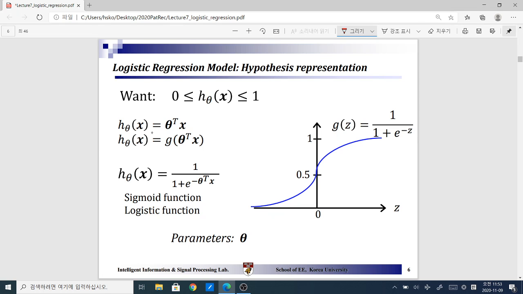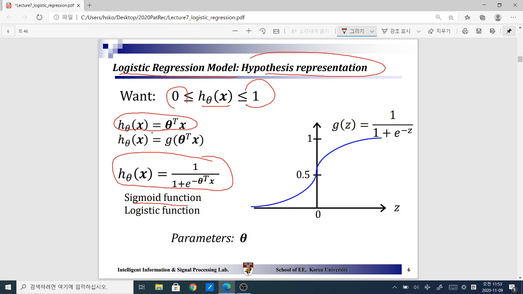So, for example, the logistic regression model is a hypothesis representation by using a sigmoidal function that looks like this. For example, once again, if you want the hypothesis function to be bounded between 0 to 1, within the hypothesis function itself, before, for the linear regression function, it was just a dot product between the parameter and the feature.